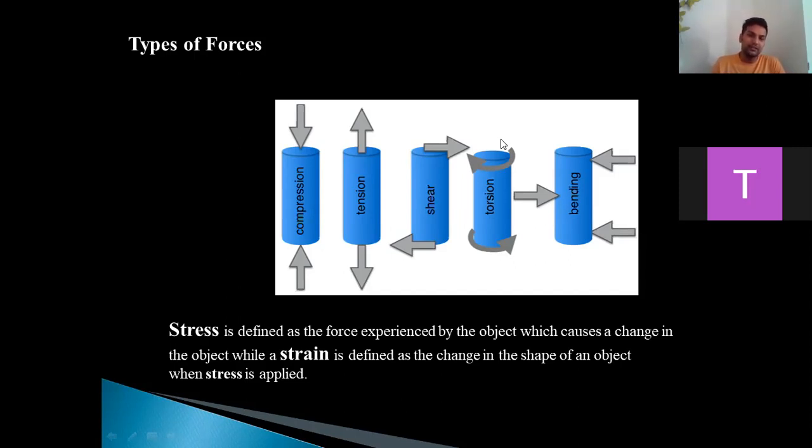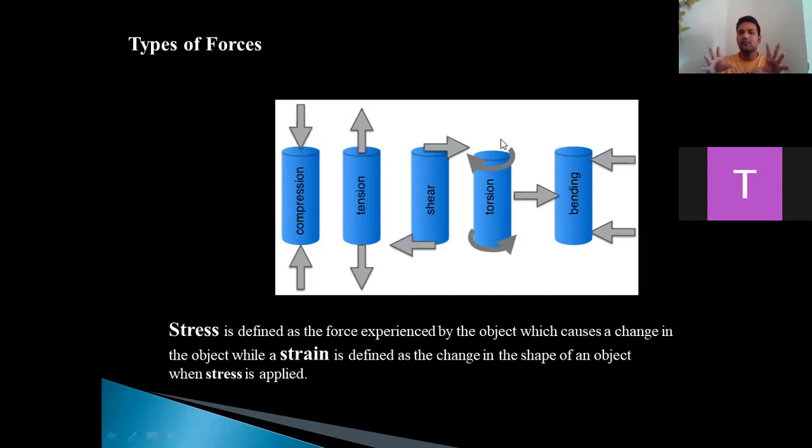Like a compressional force, you can call it compressional stress. In the tensional case, you can call it tensional stress, because the force is applied on the object and as a result, the object will change its shape or size.